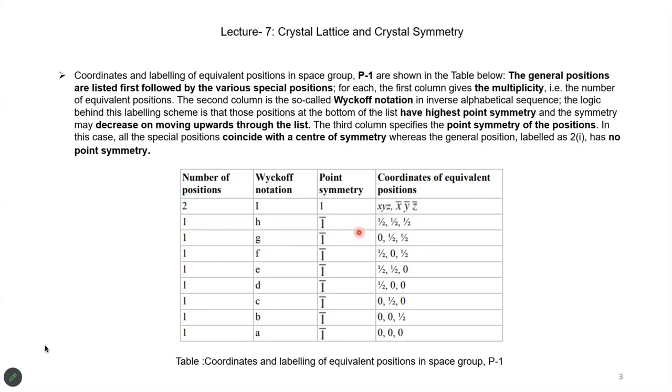These equivalent positions for special positions we have already discussed. So this is how the International Tables of X-ray Crystallography show the general position and equivalent positions for a particular space group. This one is for space group P bar 1.